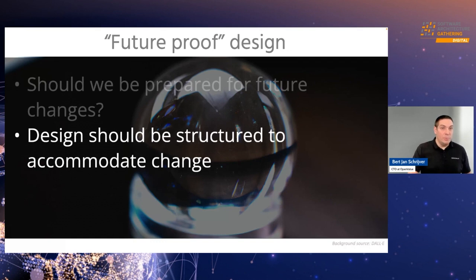Design should be structured to accommodate change. So how do you make code easily changeable? Well, we can be prepared for any future change by making the code as simple as we can, so it can be easily changed. But since we have no idea what the future will bring, no such thing as future-proof exists. The only thing you can do is make code really simple.